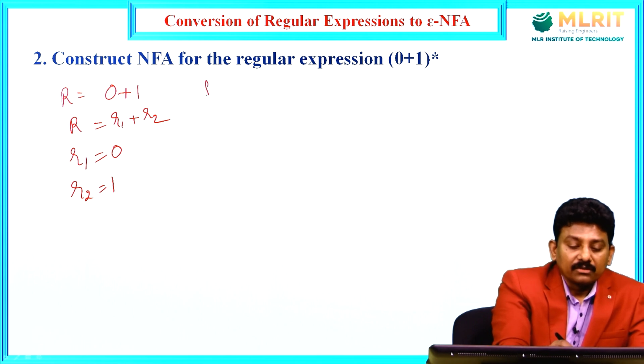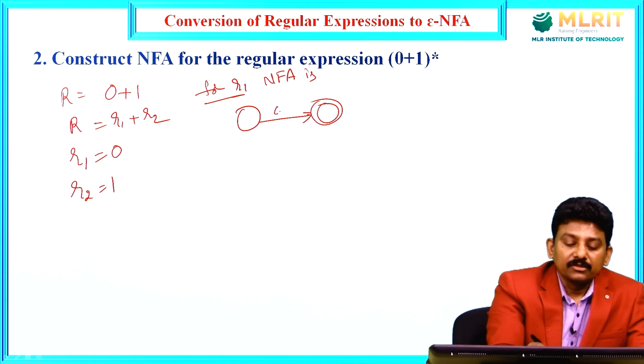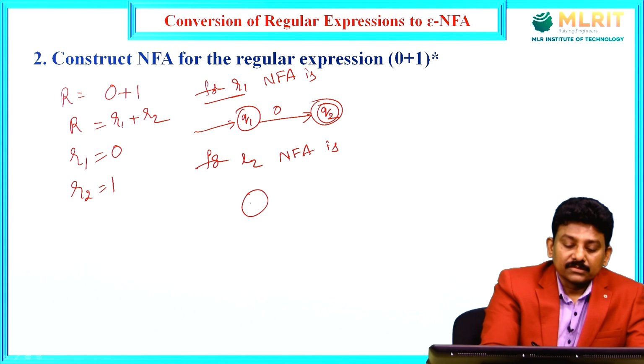For R1, the NFA will be: initial state, final state, input 0, Q1, Q2. For R2, the NFA is Q3, Q4 with input transition 1.